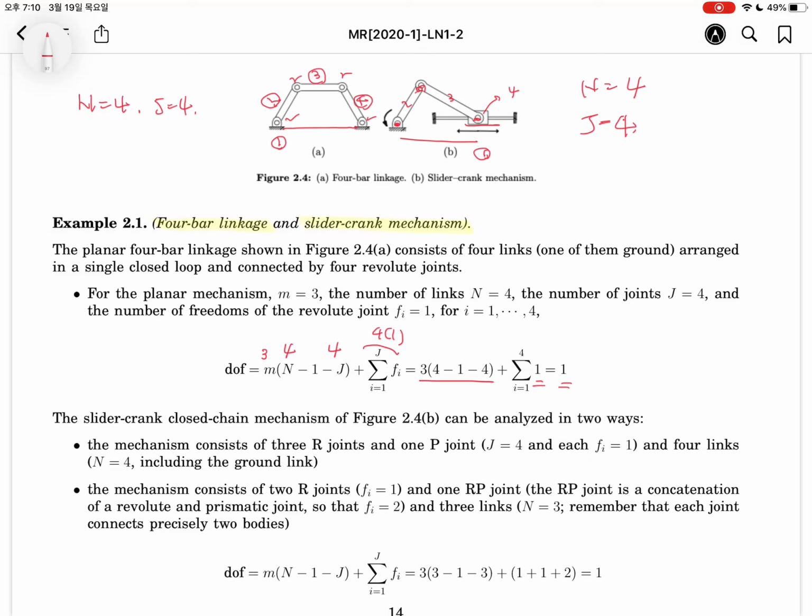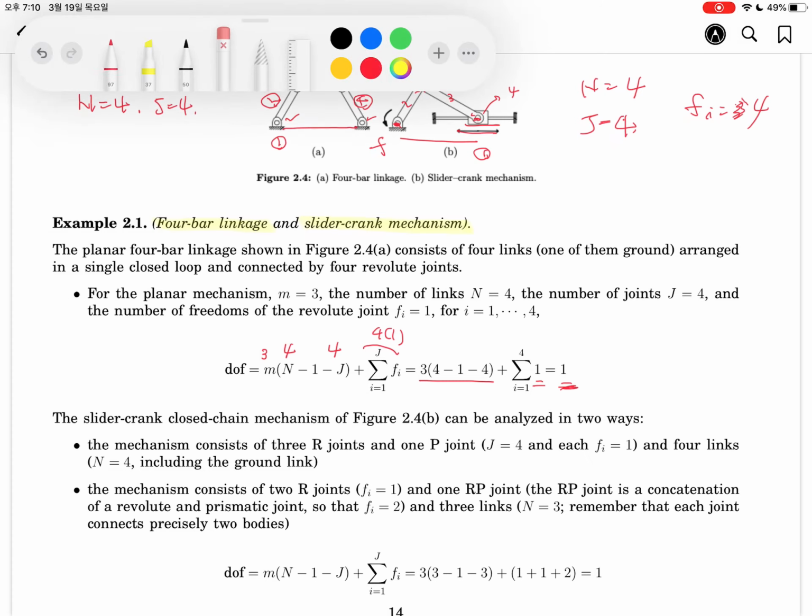So J is 4. The 3 revolute joints have 1 each, and the prismatic joint has 1. This is not 3, it's 4, because 1, 2, 3, 4. So we have the same result. The slider crank mechanism has 1 degree of freedom.